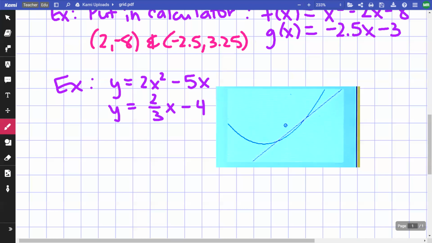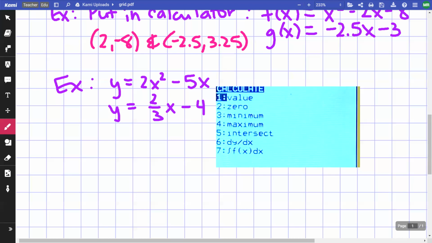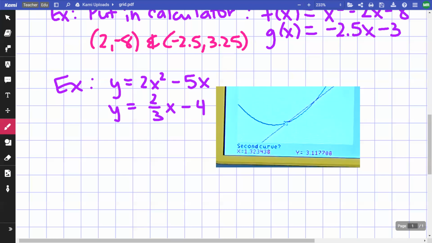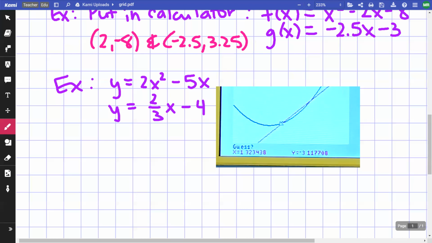Now, if I want to find those points of intersection, I can still hit that second button and trace for the calculate, come to number 5, and I'm going to come over here to one of these points of intersection, hit enter, hit enter, hit enter. And I got 1.3 repeating, comma, negative 3.1 repeating.